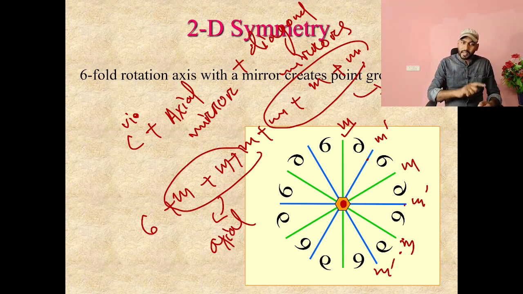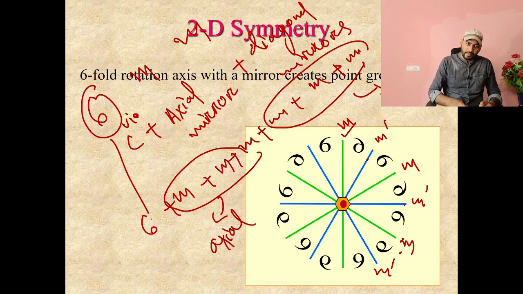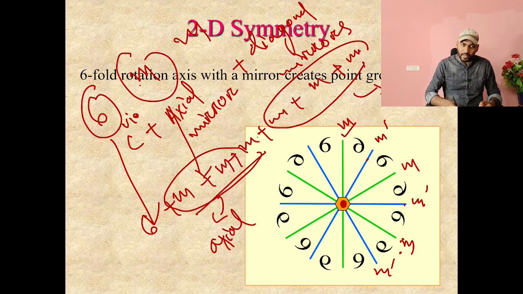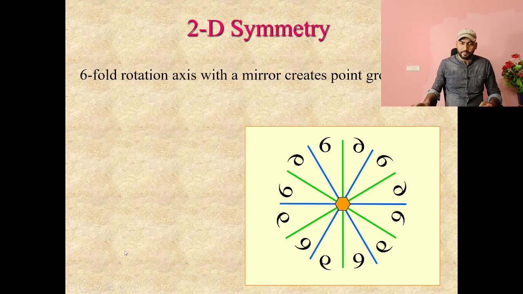Instead of using this symbol 6MMM, we should use 6MM. First 6 is sixfold, the next M is axial mirror plane. This M represents 3 axial mirror planes. The next M represents 3 diagonal mirror planes. I hope everything is clear.